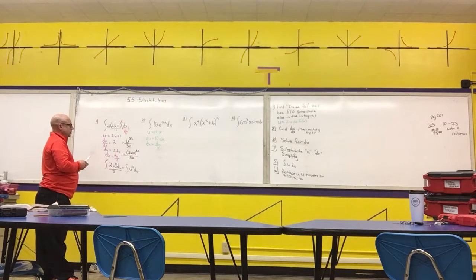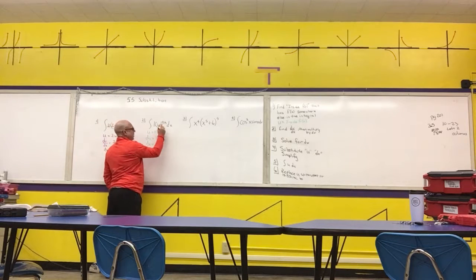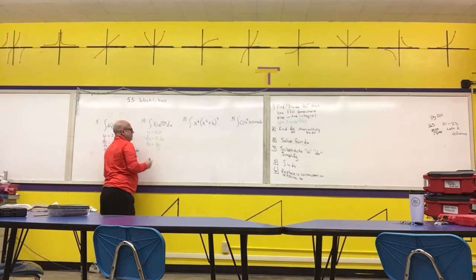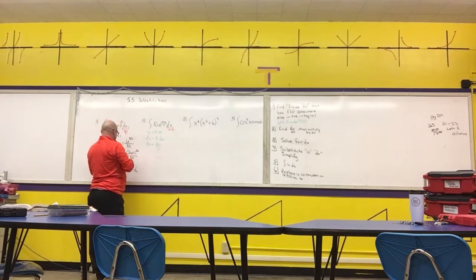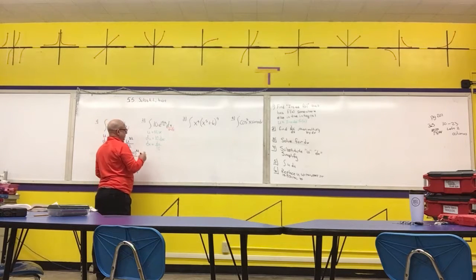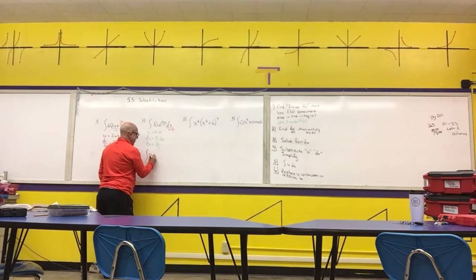Make your substitution. This is going to become u, and dx is going to become du over 10. And that gives me, after substitution, the integral of 10 e to the u du over 10. The 10's cancel. That gives me the integral of e to the u du.